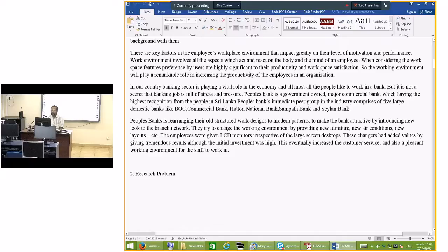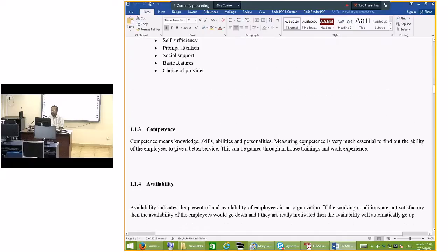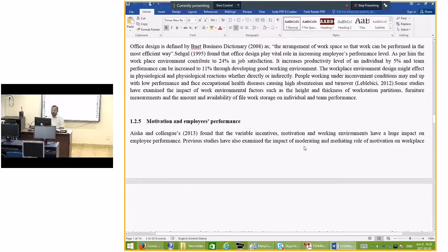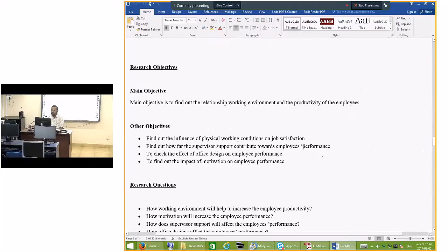I found that when you go to your objectives, you have changed the word productivity to performance. Productivity is different from employee performance. You may not be aware of the difference between these two words.